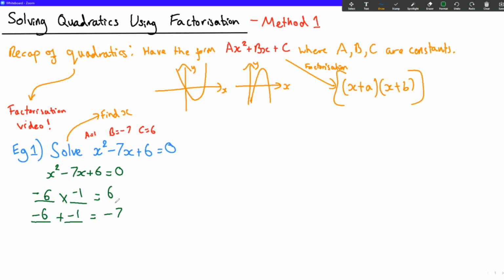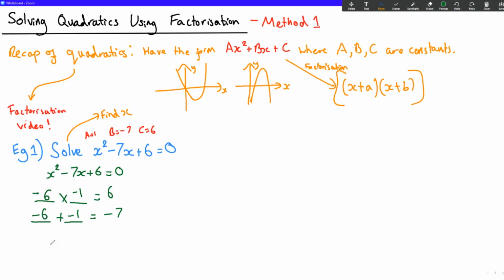So just because you have a positive number here, it doesn't mean that the terms in these two placeholders can't be negative. Because remember, when two negatives multiply together, they give a positive. Now, if this wasn't a negative, we'd probably be looking at positives. But because we have a minus 7, we know we need to add negative numbers, or at least one negative number.